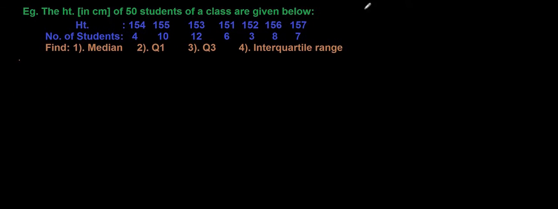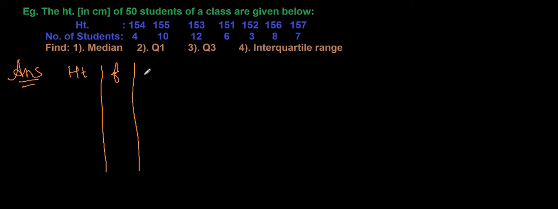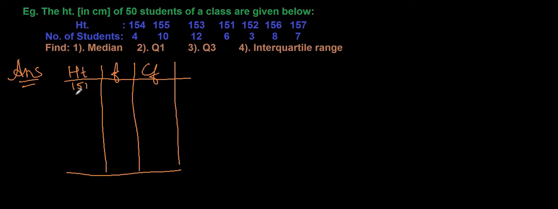So our answer begins from here. First of all we'll write down the height in order, then we'll write down the frequency, and then we'll write down the cumulative frequency. So here height starts from 151, 152, 153, 154, 155, 156 and 157.